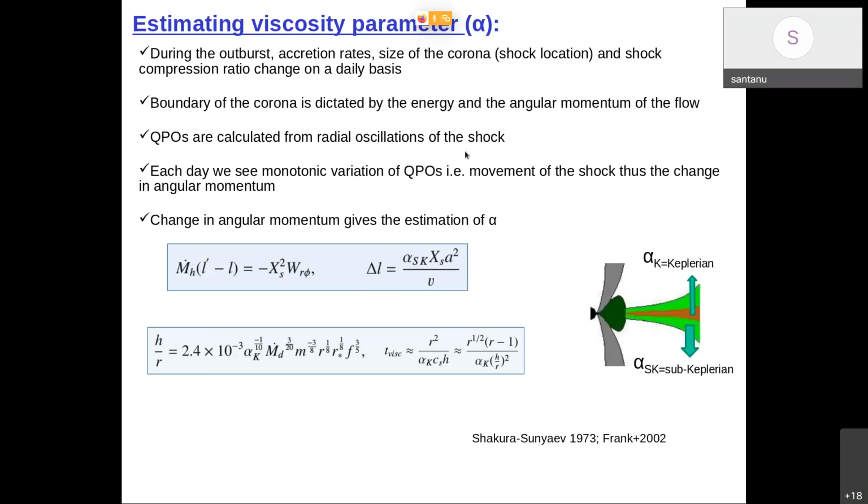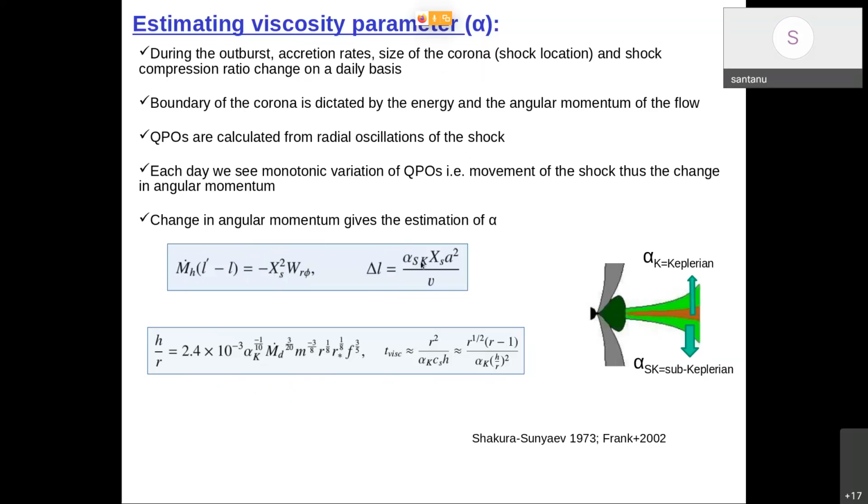When they match, we consider those angular momenta. So from that change in angular momentum and the accretion rate, if we equate this with the viscous stress, W_rφ, where W_rφ is basically the local pressure of the flow, from this we can estimate alpha_SK.